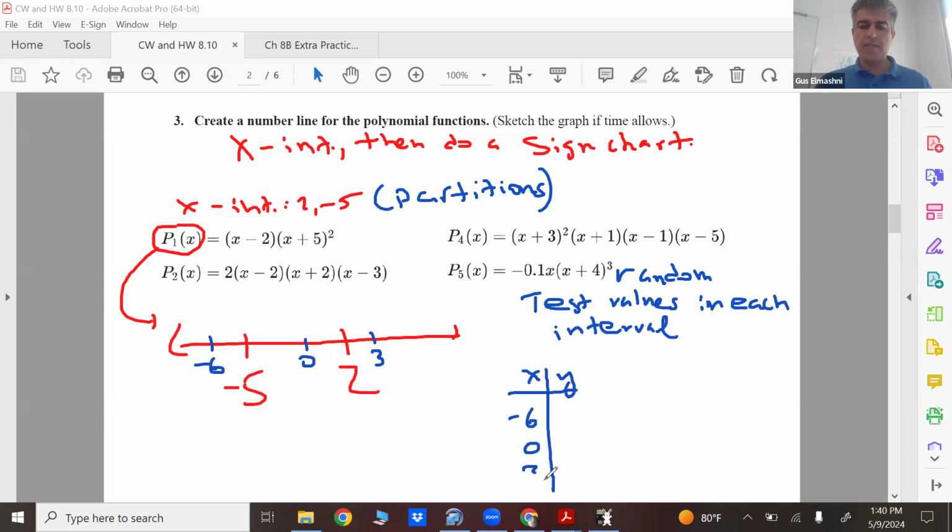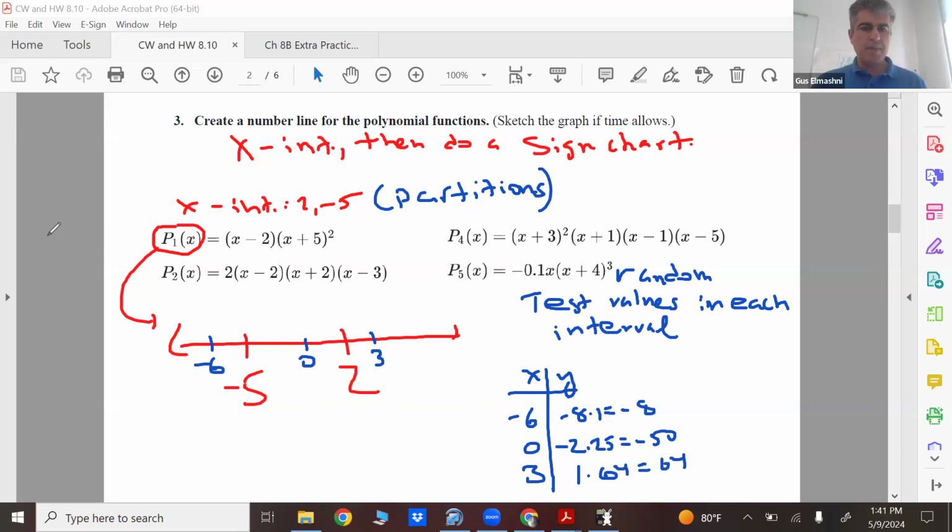Okay, if I test it out, what do you get? I get -8 times 1, which is -8. If I plug in 0, I get -2 times 25. Now if I test 3, I have 1 times 8 squared times 64 is 64.